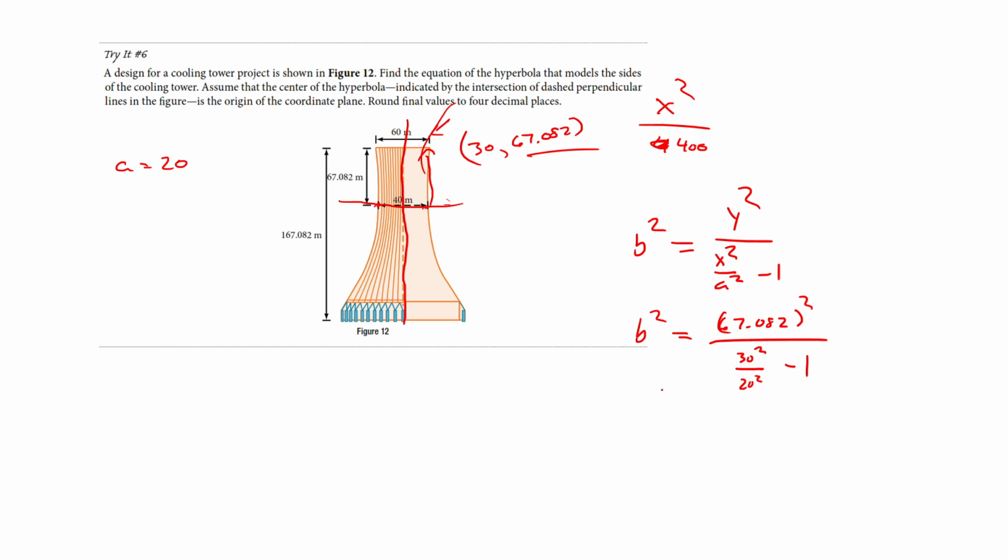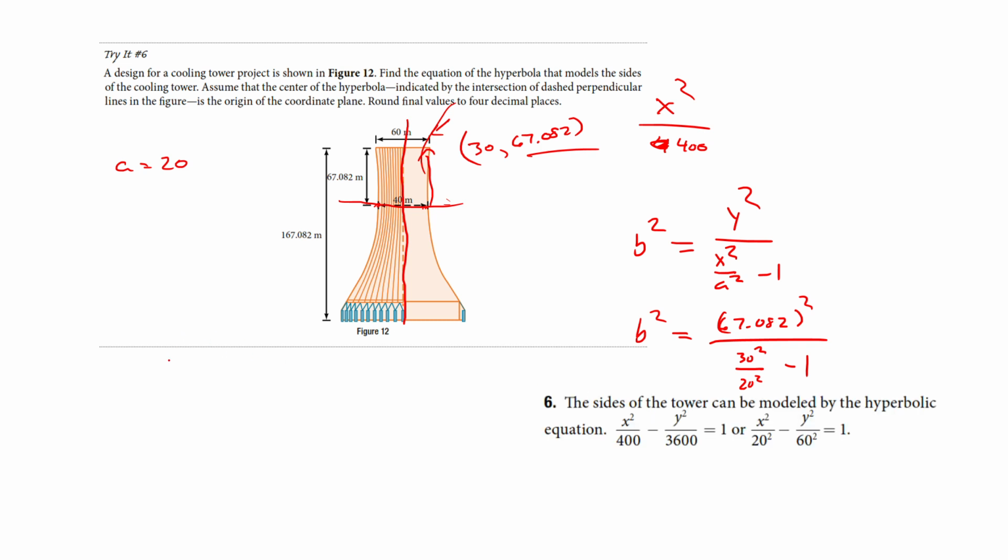Okay, so if we crunch all of this down, just be careful solving it. It turns out b is going to be 60. So we've got a and we've got b, so we've got everything we need to solve this. So b is 60, but b squared is going to be 3600.